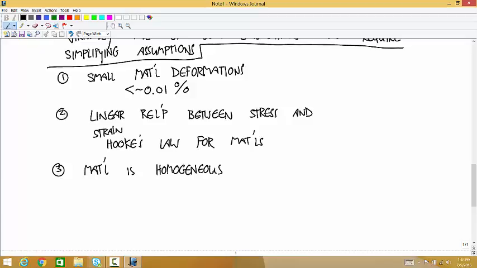That would be non-homogeneous. We'll just be talking about a piece of steel or a piece of iron or whatever like that. And the fourth one, the last one, is that the material is isotropic.